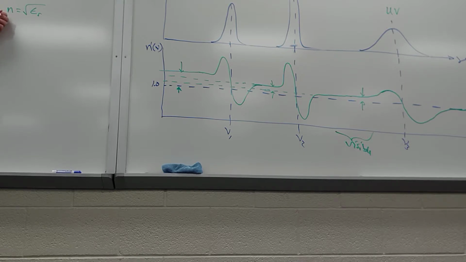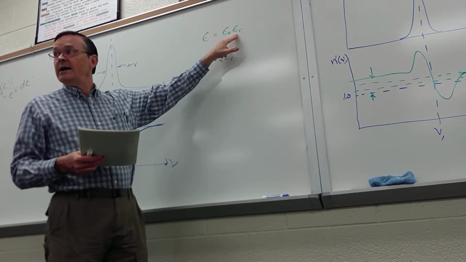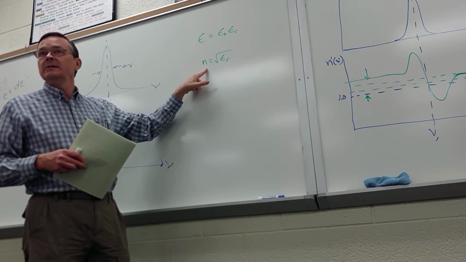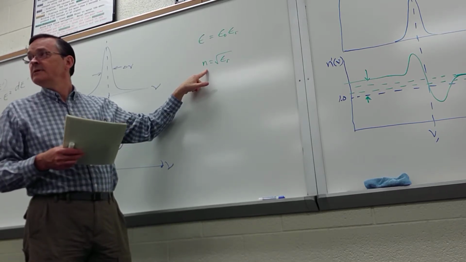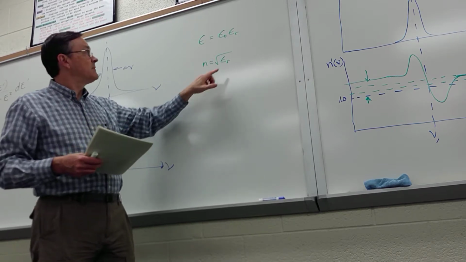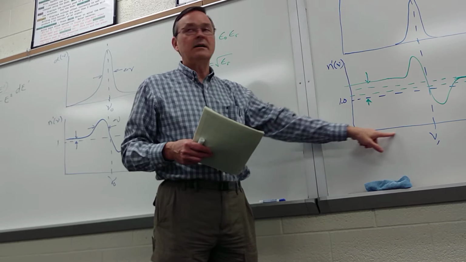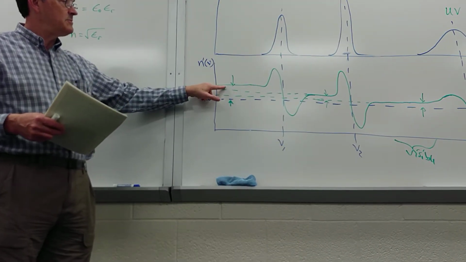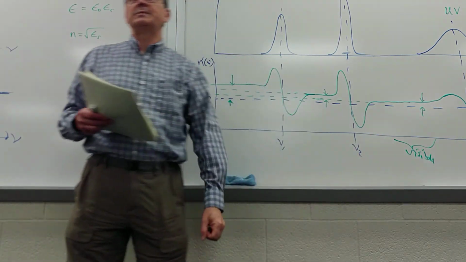And what they do is they go look up what's the dielectric constant of glass, and then they take the square root and they say, oh, I got the refractive index. And they get a value like 8, 9, 10. It's because the dielectric constant they looked up is the DC dielectric constant. They're getting this, but it has nothing to do with the refractive index in the visible portion of the spectrum.